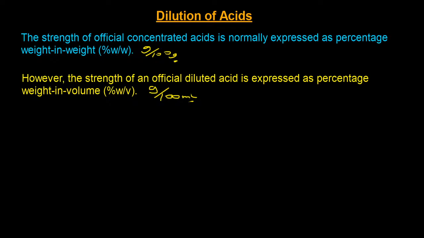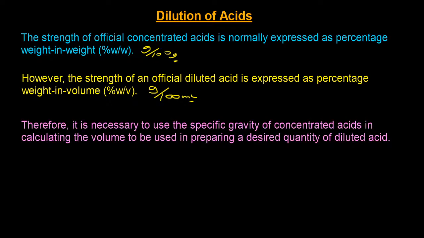The way you get around that is to focus on this idea that whenever you want to do this kind of computation, you need to include the specific gravity. So it's always necessary to use the specific gravity of the concentrated acid when you are calculating the volume that you need to prepare of your diluted acid.